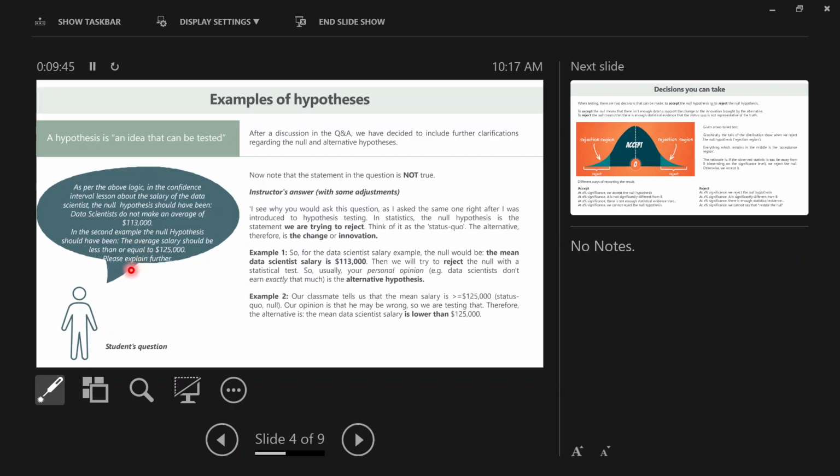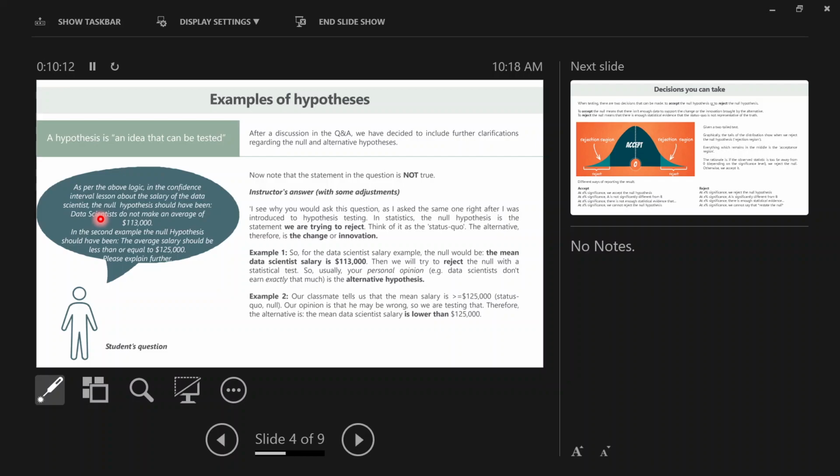There was another example whereby you could have said the average salary should be less than or equal to 125 and so on. I want to clarify this statement so that you connect the dots that we carried from the confidence interval.